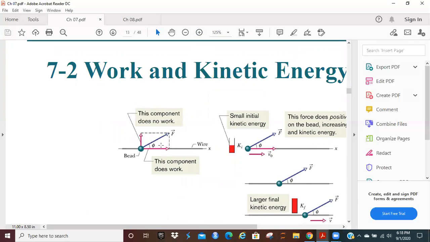If we're looking at the component of the force that lies in the same direction as the displacement, which is going to be this direction, we're going to want the component of the force that points this way. This lies on a dimension that's 90 degrees from this, and therefore it is not considered to be doing any work because the bead is not moving in that direction.